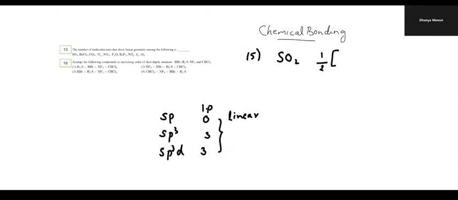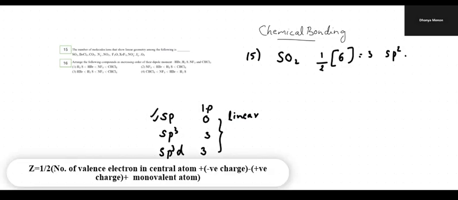Okay, so it is half of the number of valence electrons in the central atom. There's no positive or negative charge, no monovalent atom. So that is 3. So 3 means sp2 hybridization. And sp2 is not a part of the given information here, but still let's check out the lone pair.